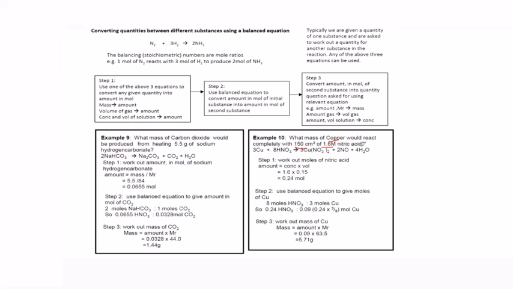So what we will do, we will first find the moles of this acid, nitric acid. Moles of nitric acid is concentration multiplied by volume. Concentration is 1.6 and the volume is 150 cm cube, but it should be in dm cube, so it will be 150 divided by 1000.